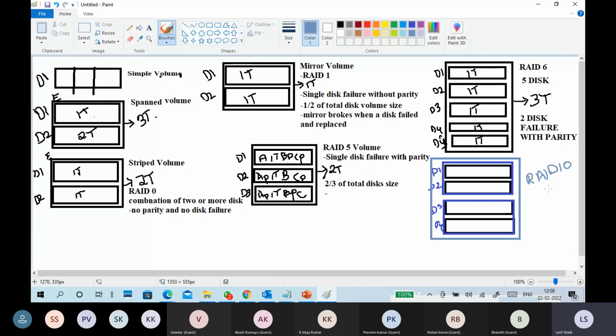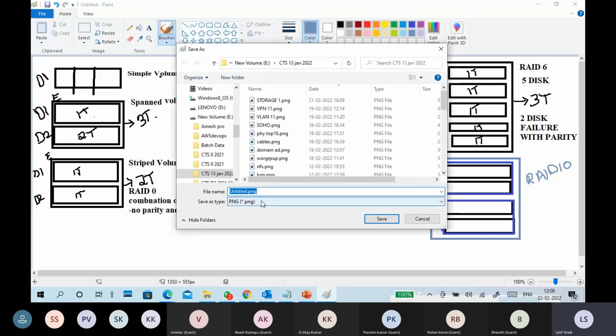If you want both redundancy as well as huge, large volume, then RAID 10. If you want the RAID 5 concept plus huge volumes, where more volume size is required as well as redundancy with RAID 5, then RAID 50. Okay, like this. This is your RAID. Guys, understand the RAID concept.